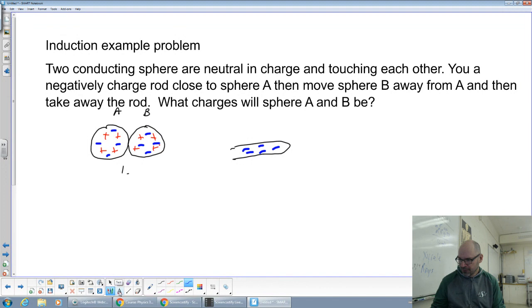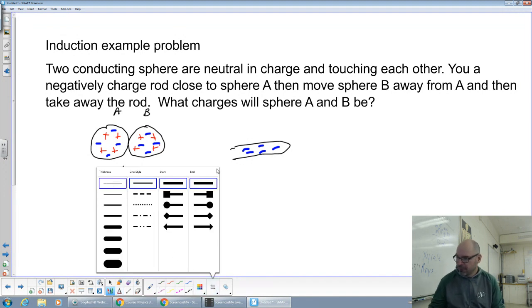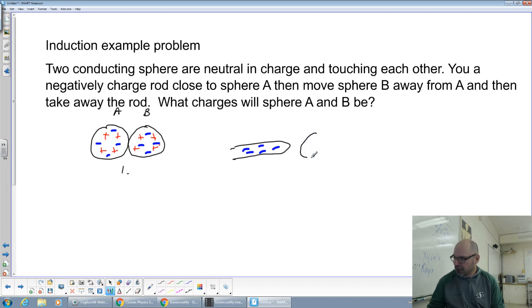Let's draw our spheres. So here's A, really close, and B, still touching A. What we're seeing now is this negative rod is going to repel other negatives. Remember, the negatives are the ones that move, so those are the ones you're interested in.